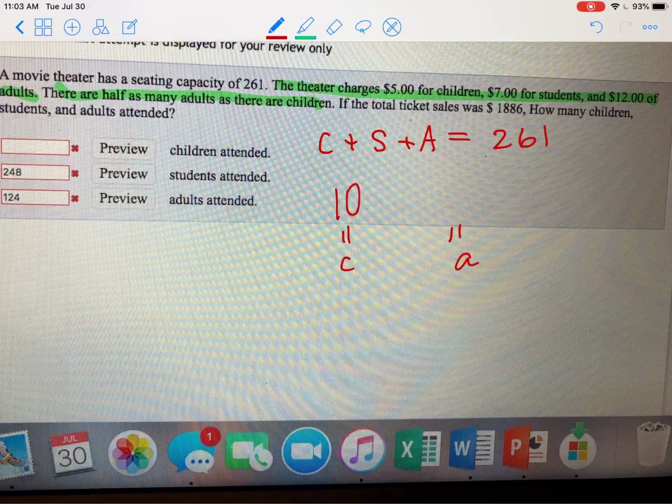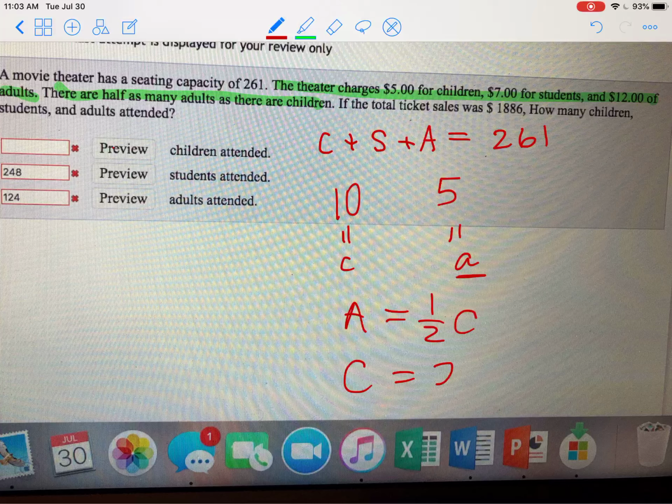Well, you know that it would be 5, right? So you have to see how C and A relate to each other. And you can see that A is half of C. Or another way to see that is that C is twice A, which I like better because there are no fractions.